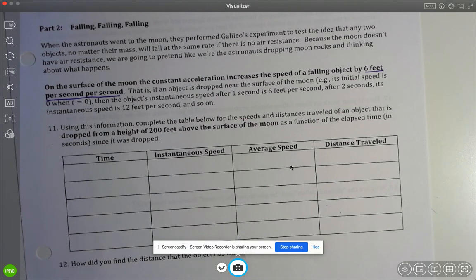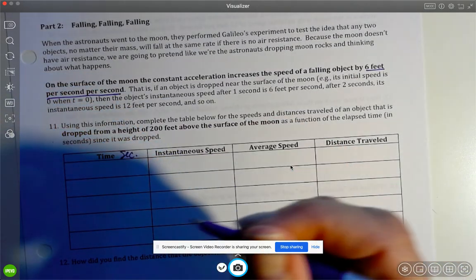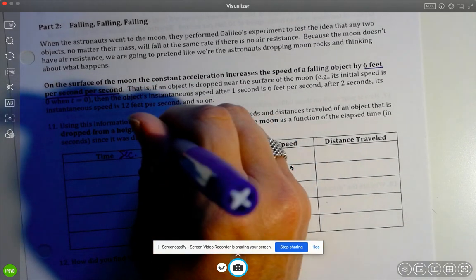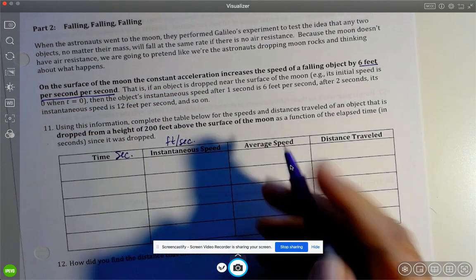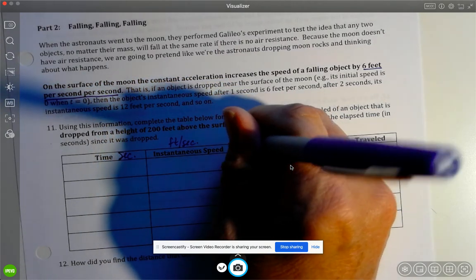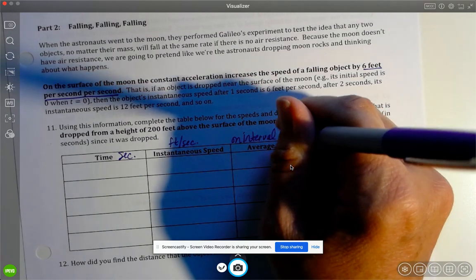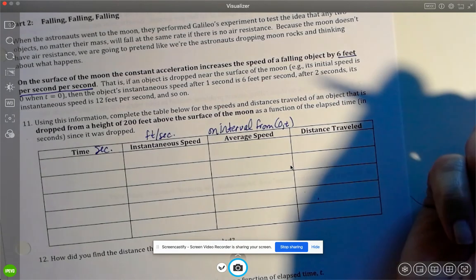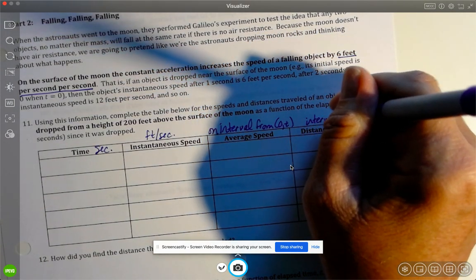Okay, so you have seconds right here, right? And then you have instantaneous speed, which is feet per second, and then average speed, which is, remember, on the interval 0 to t. And then this distance is also in the interval 0 to t.